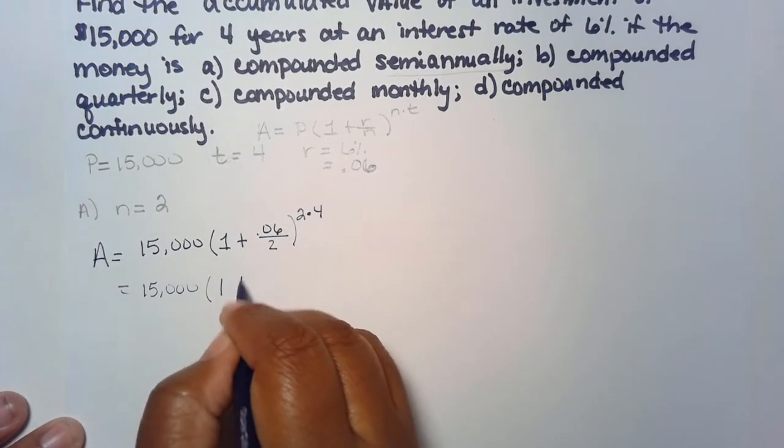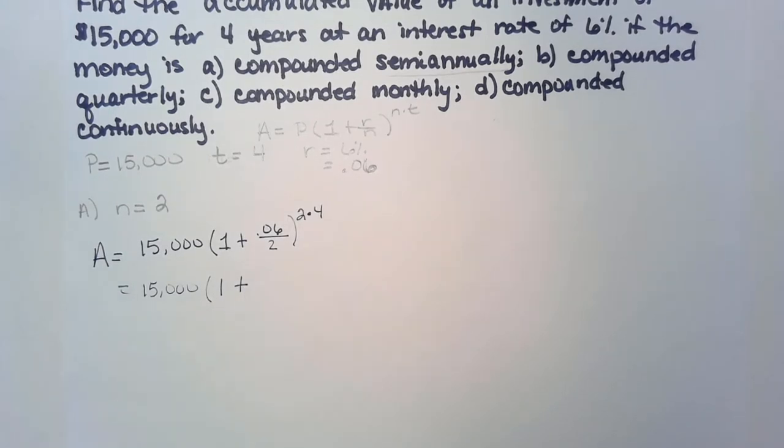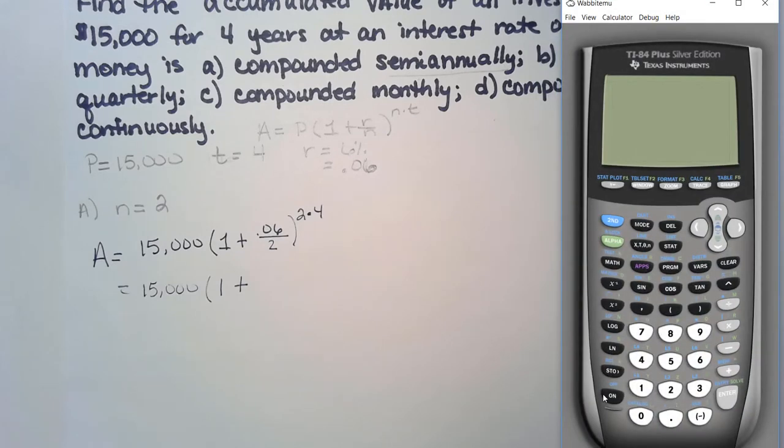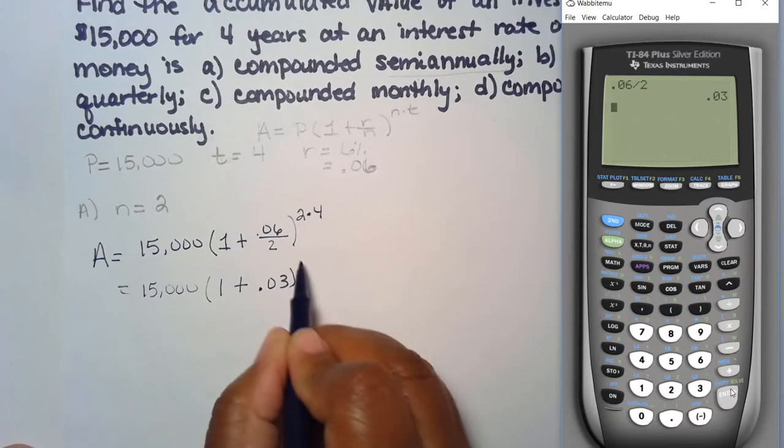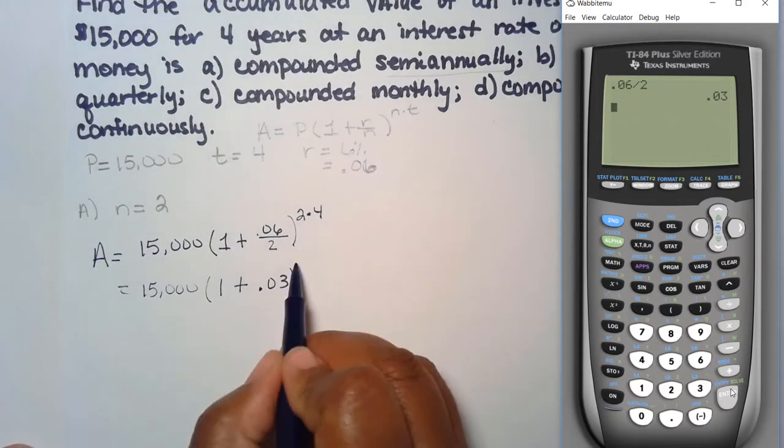times 1 plus. I'm going to bring the calculator up here. Let's divide 0.06 by 2. So 0.06 divided by 2, which gives us 0.03, all raised to the 2 times 4, we would say 8.